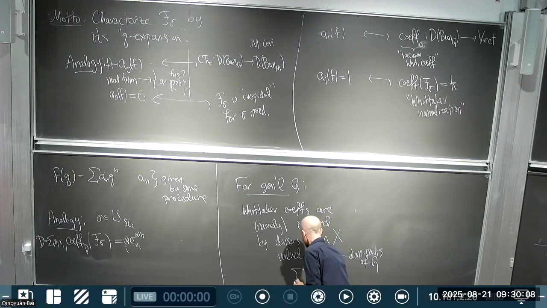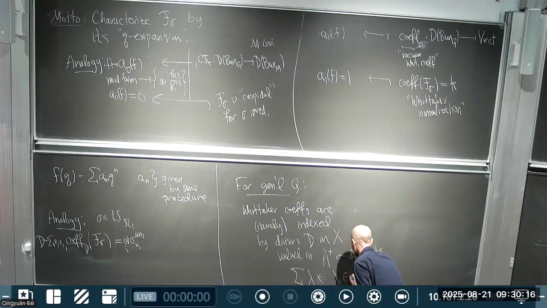So in other words, these are going to be sums that look like sum of lambda_i x_i, where each of these lambda_i's is a dominant coweight.